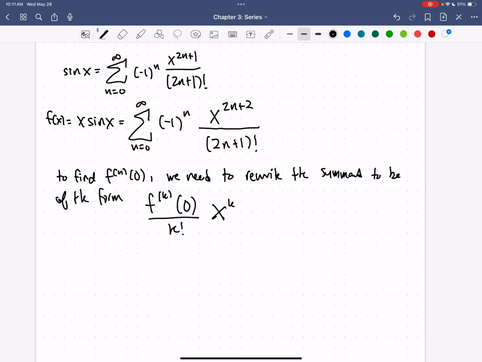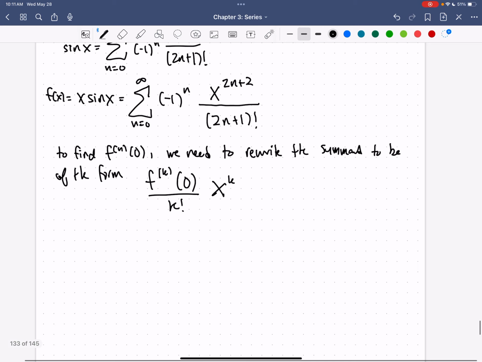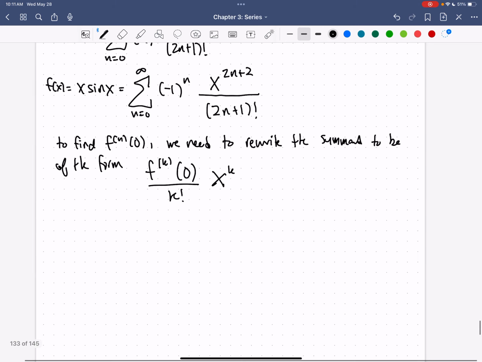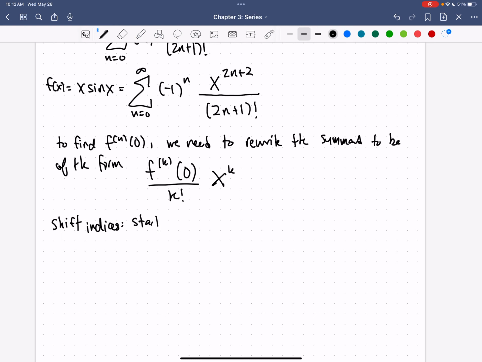So what we can do is, let's say we shift indices a little. So what we'll do is we'll start the sum at n is equal to 1, reduce n by 1 inside the sum.